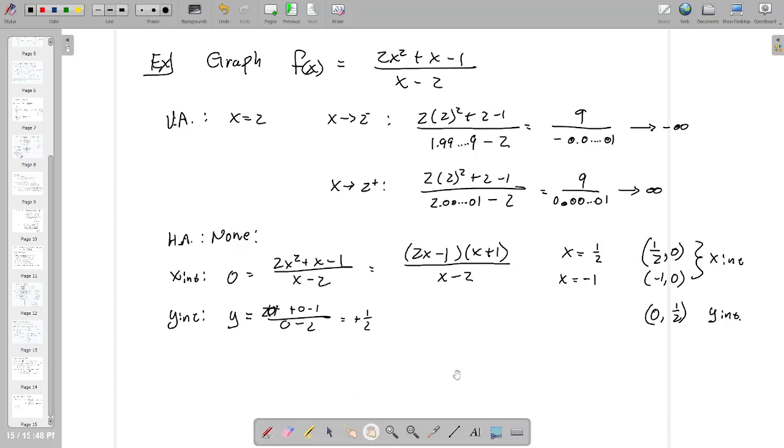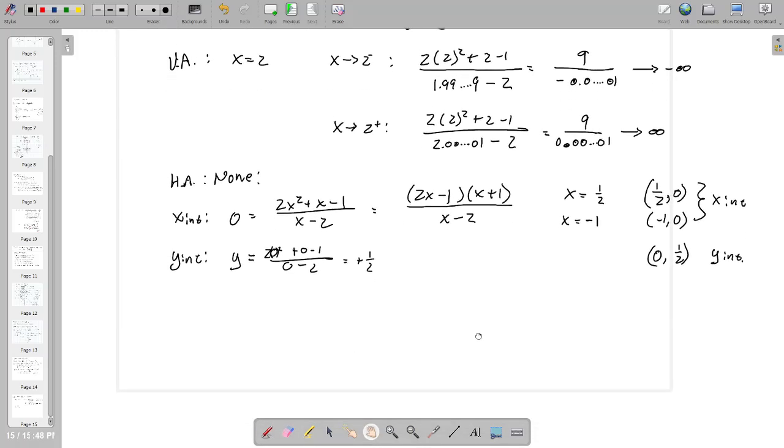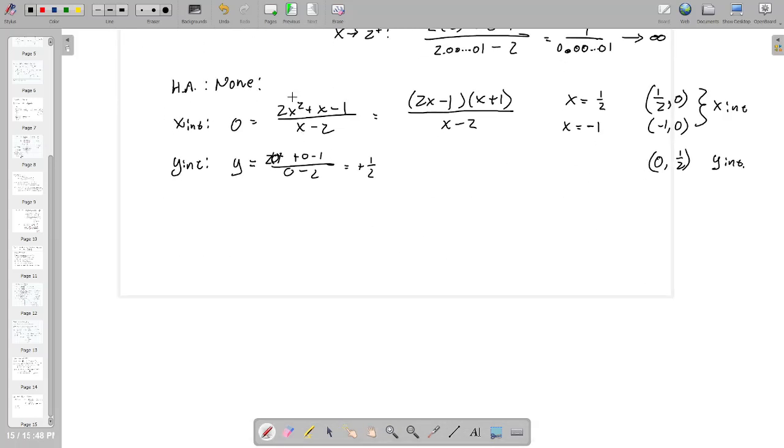The next thing that we need to figure out is the slant asymptote. So I'm going to take my function, just this, and I'm going to do the division. This is how you find your slant asymptote. We do x minus 2 into 2x squared plus x minus 1.